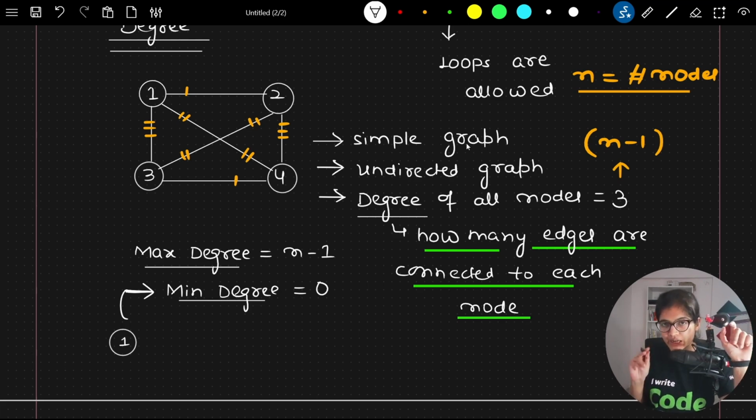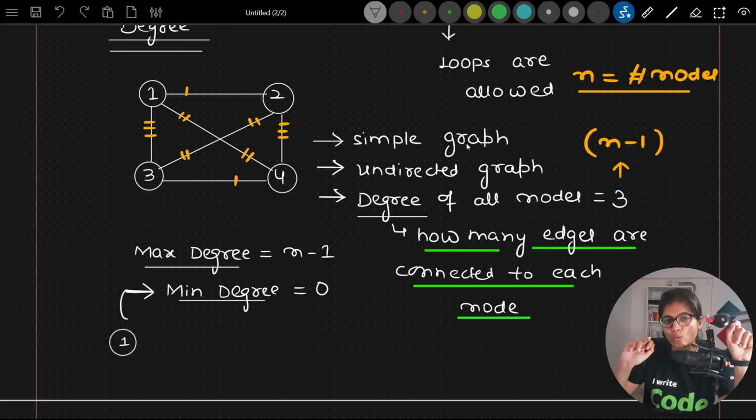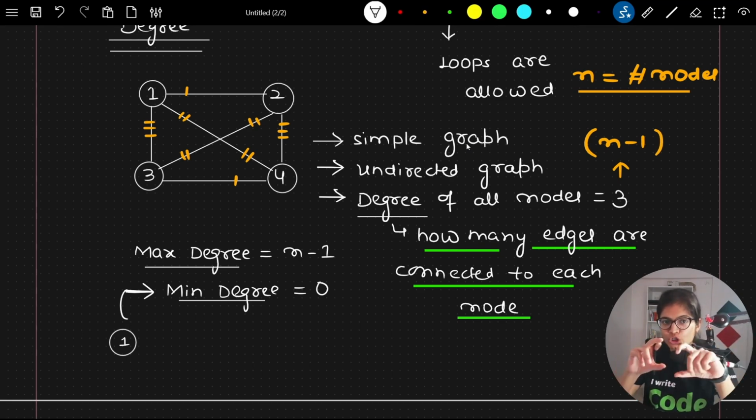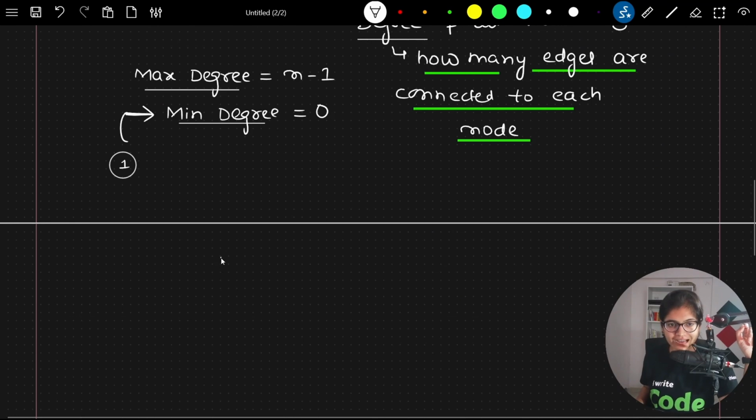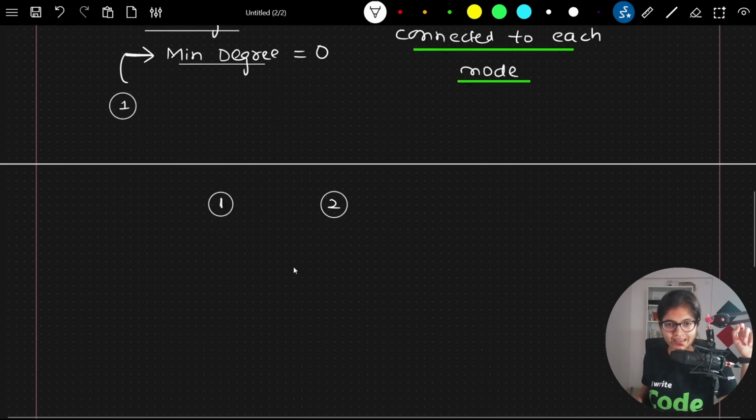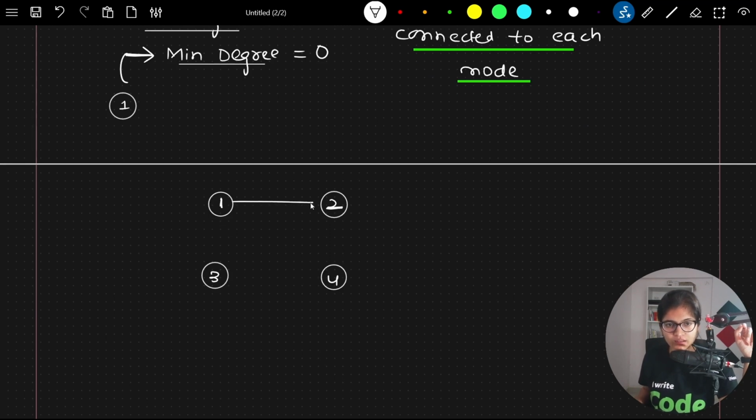Now, listen to this carefully. Suppose I add one more edge on top of the graph I have just shown you. Here I have nodes 1, 2, 3, and 4.